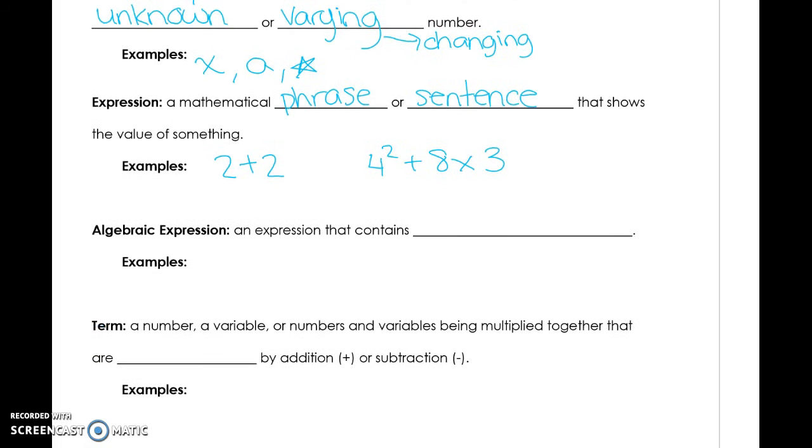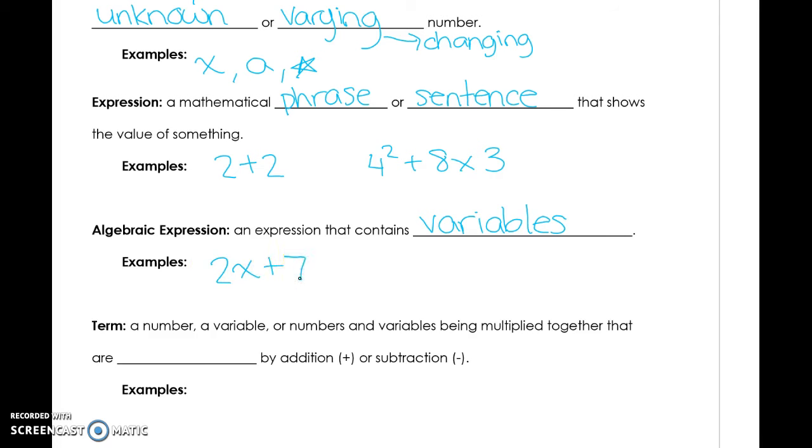Next, we have an algebraic expression. So this is the same thing as an expression except that it contains variables. So, an algebraic expression also can contain numbers. It contains numbers, operations, and variables. So for example, I could have 2x plus 7.